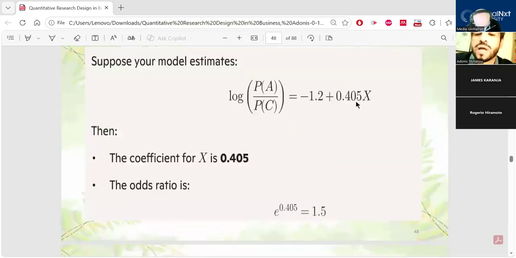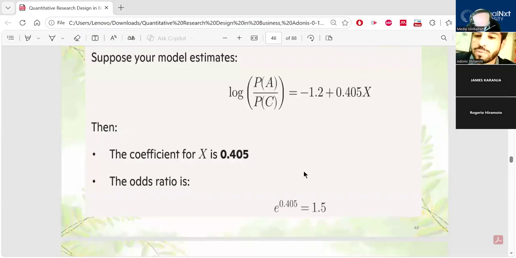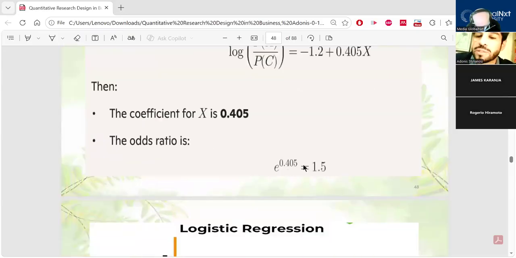So if, for example, I have an estimation like this, the 0.4 is going to be the coefficient of my explanatory variable. And I'm using it with the exponent I had before, and I derive a number. I need to do that before going back to interpret my coefficients, right? So on this occasion, I'm going to say the odds of option 1 are going to be 1.5 times more than doing nothing.